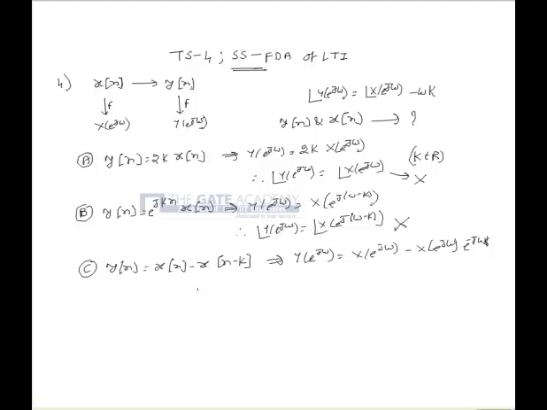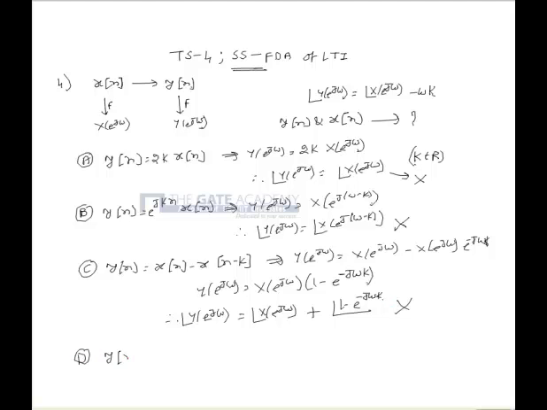This can be further reduced as Y of e power j omega is equal to X of e power j omega multiplied by 1 minus e power minus j omega k. Therefore, phase of Y of e power j omega is equal to phase of X of e power j omega plus phase of 1 minus e power minus j omega k. This is also not the relationship we expected. So C is also not the correct option.